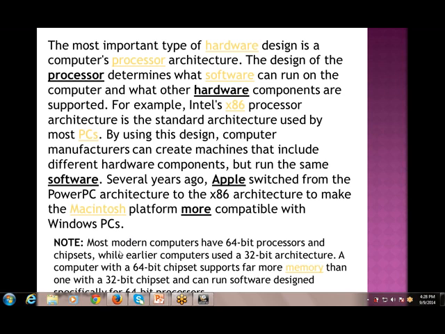This is the most important note. Most modern computers have 64-bit processors and chipsets, while earlier computers used a 32-bit architecture.